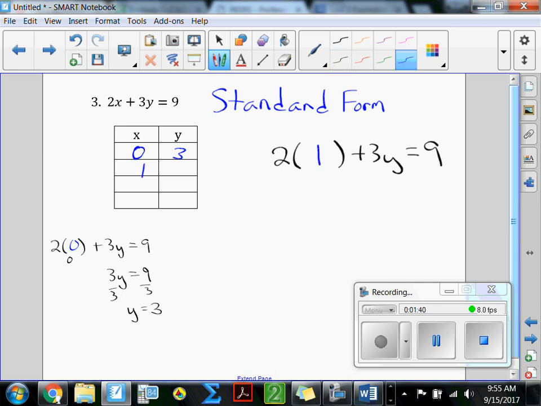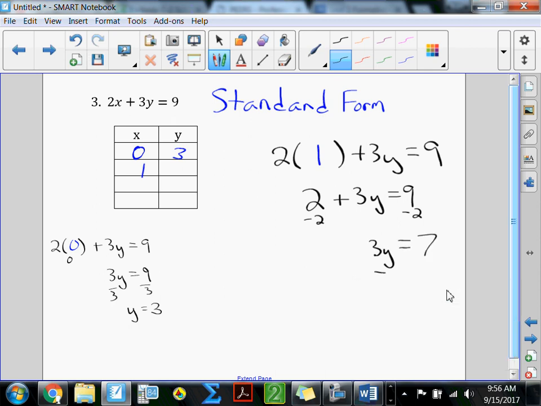The x is 1, put that in there. So that's 2 plus 3y equals 9. To solve this, I subtract 2. 3y equals 7. Divide by 3. Y equals 7 divided by 3, which is 2 1/3. And that would go in my table.